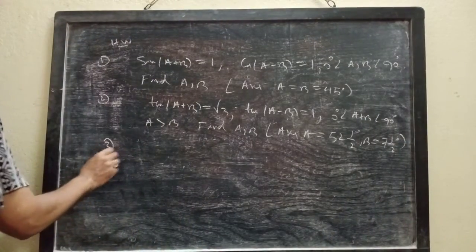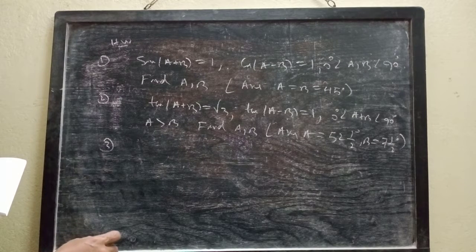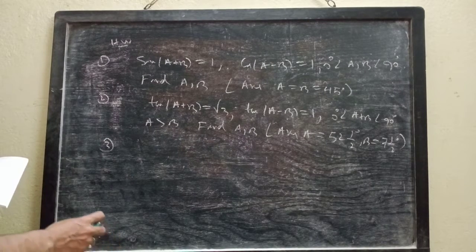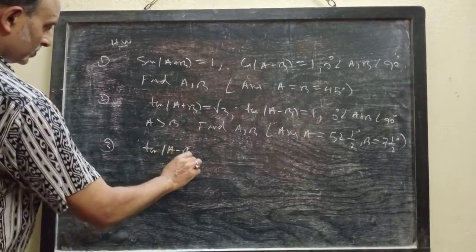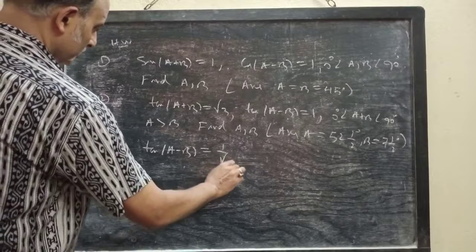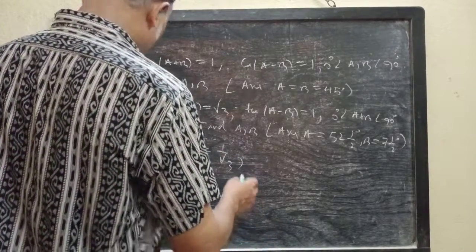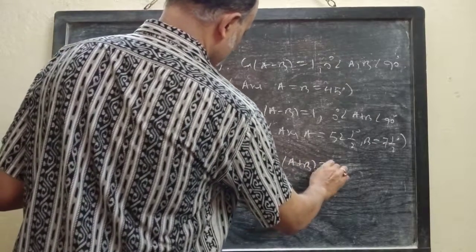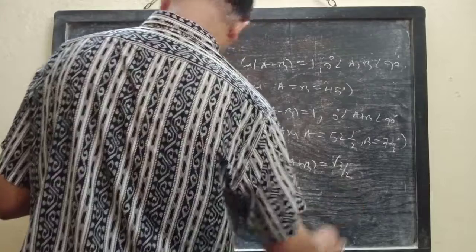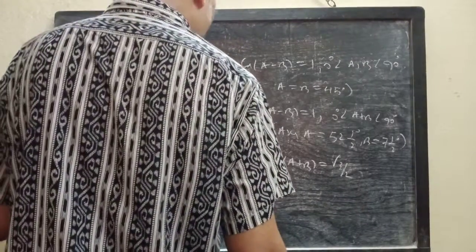Number 3. Tan of A minus B is 1 by root 3. Sin of A plus B is root 3 by 2. A plus B is an acute angle.